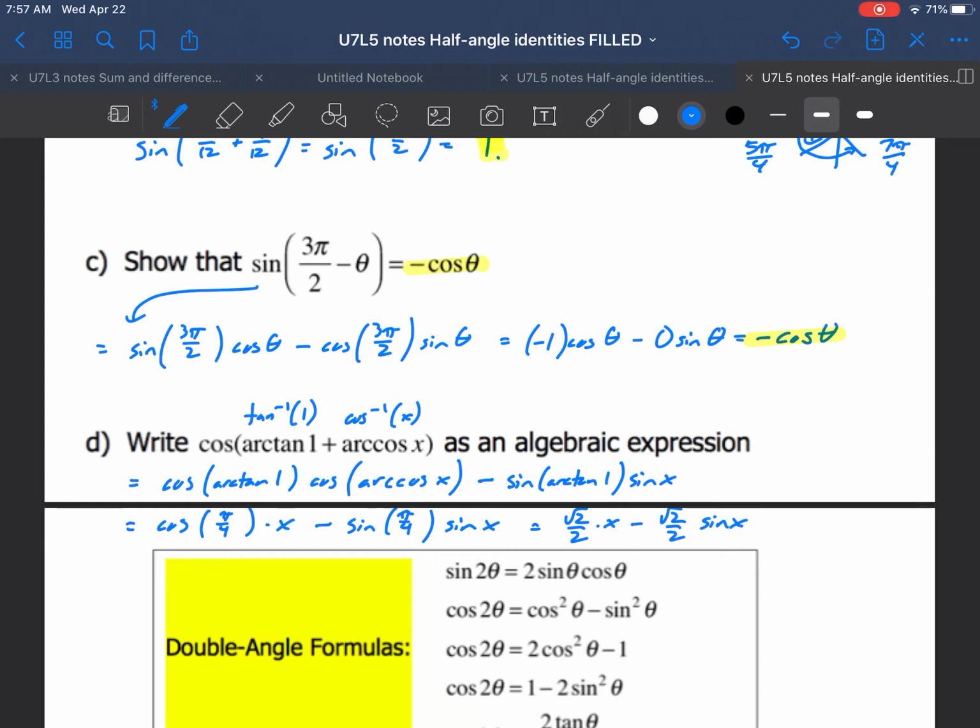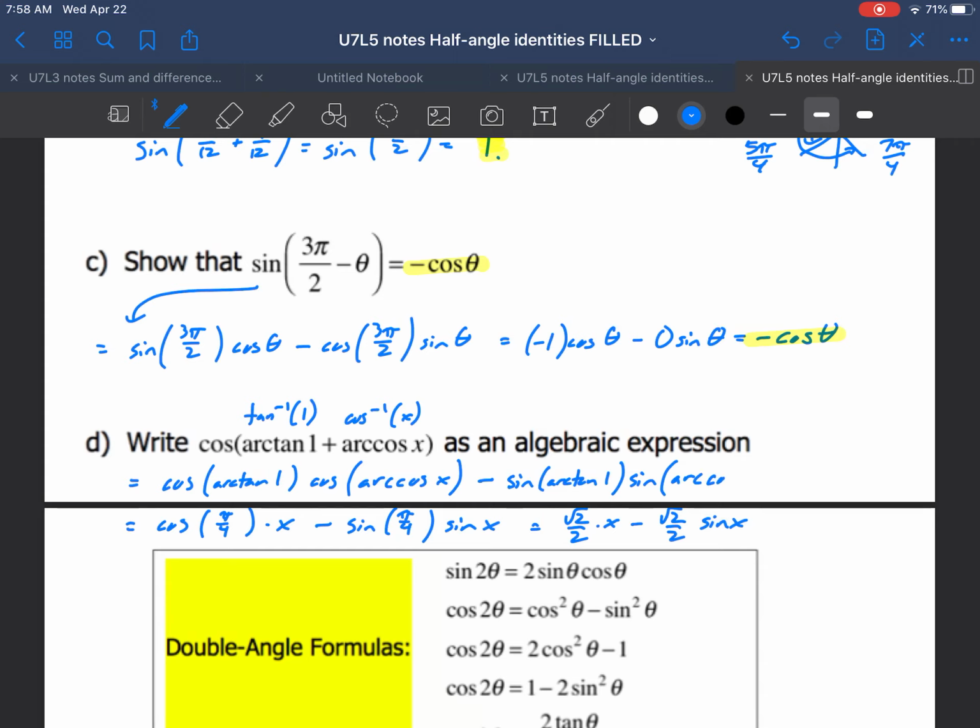And therefore, if we want to clean this up a little bit, oh, and I just realized, guys, sorry, I was a little bit worried about this, because that's not really what we want. We want to get rid of all the trig. So cosine arctan, cosine arc cosine, sine arctan, and I have sine x. I should have arc cosine of x. So if we change that, then we'll get something that's better.